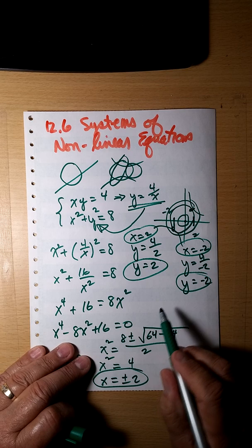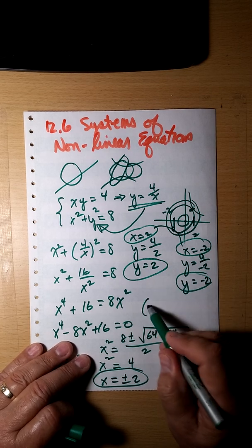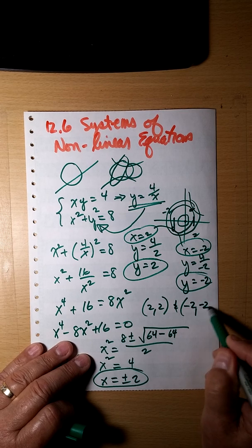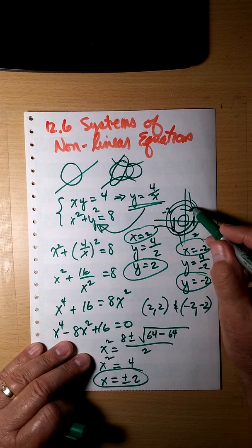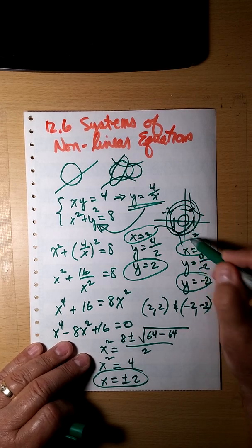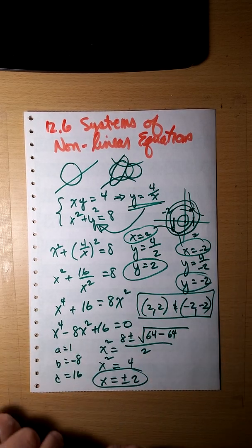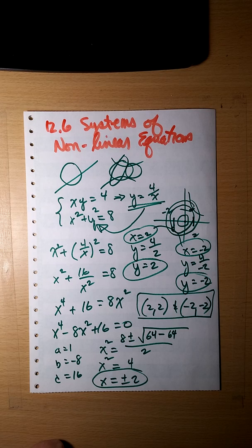So I think that's the 2 points. It's at 2, 2, and negative 2, negative 2. Here's the 2, 2, negative 2, negative 2. Those are my points of intersections. That solves the system. It may or may not be that nice for other ones.